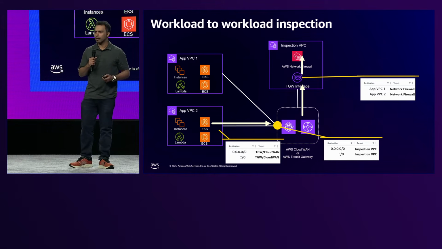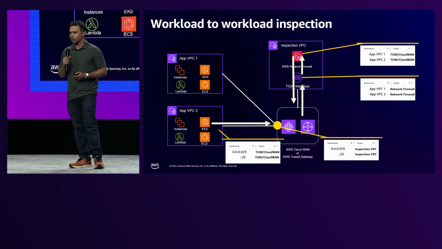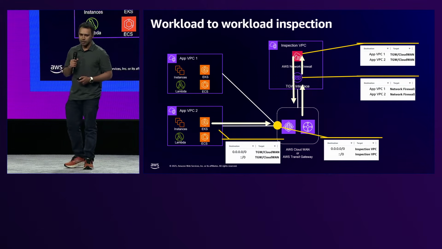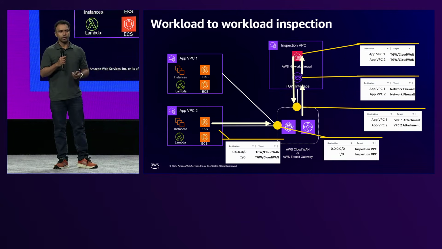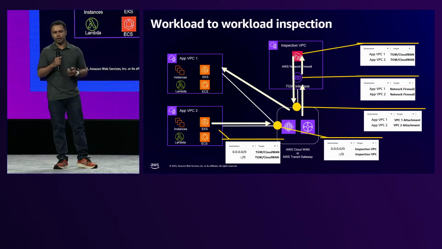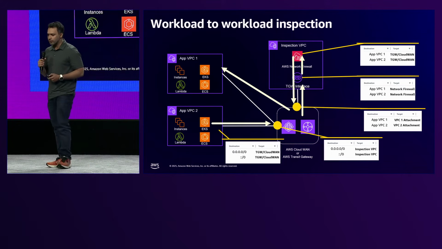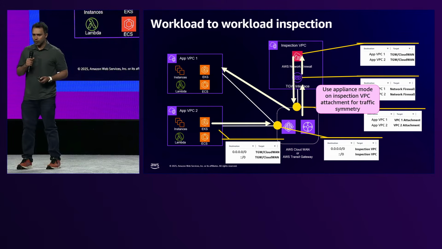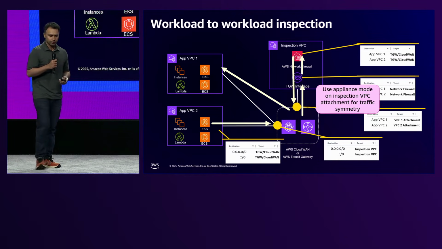The firewall does its firewalling, and then you're going to need similar routes for the return traffic as well. Now to send traffic towards the destination VPC, this is where you could use propagated routes on Cloud WAN or Transit Gateway, and traffic gets sent to the destination VPC, and the reverse direction as well. Now a pro tip here is you should use appliance mode on the inspection VPC attachment for multi-AZ scenarios. That would keep your traffic symmetric.